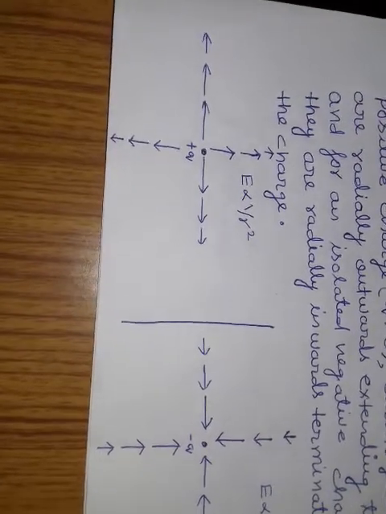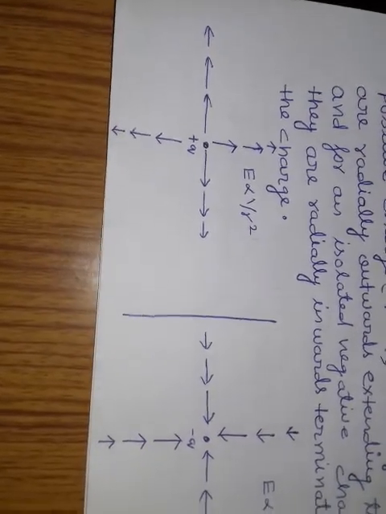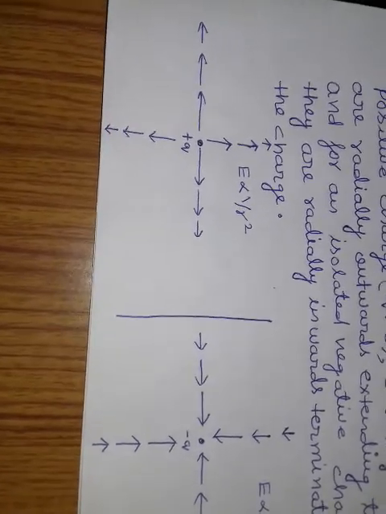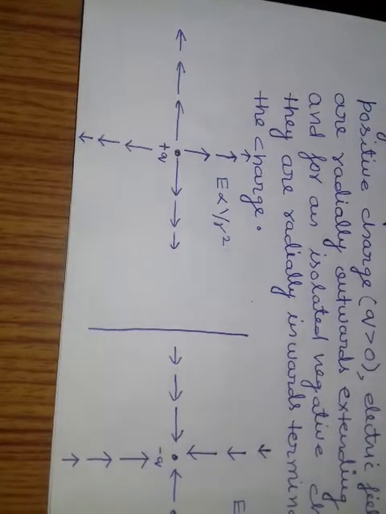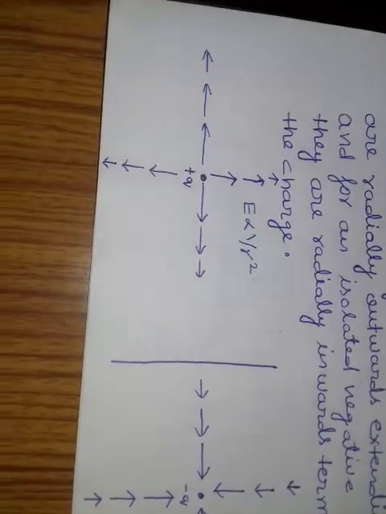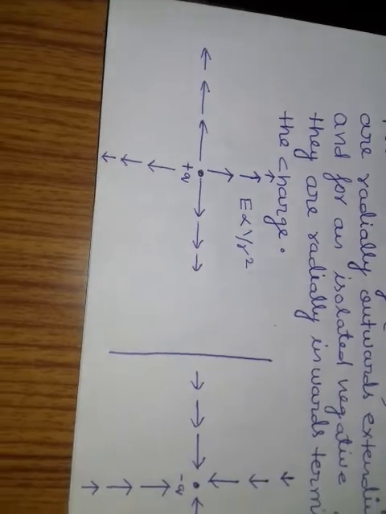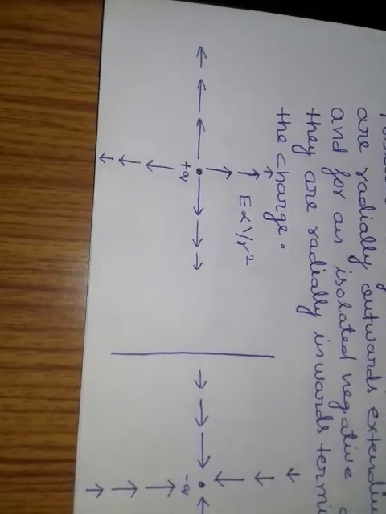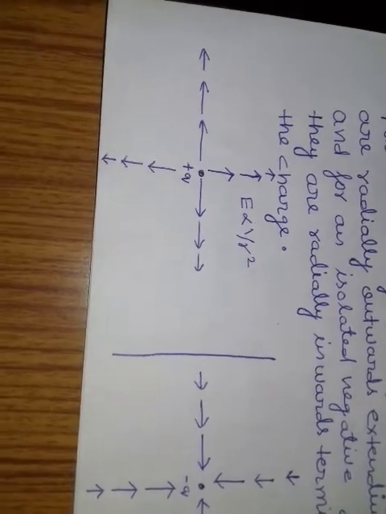The beauty of these electric field lines is that they are represented by vectors. You can see that as you move away from the charge, the length of the vectors decreases.